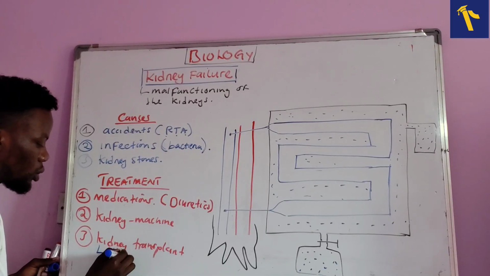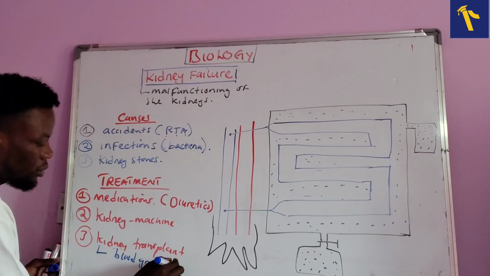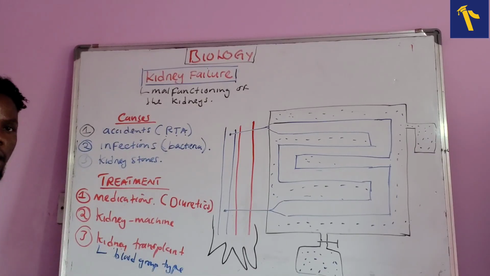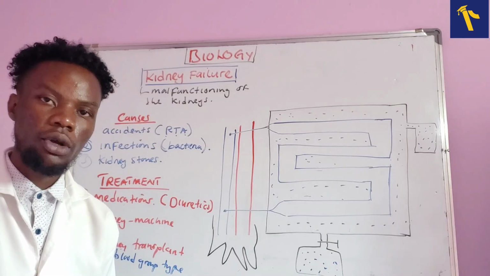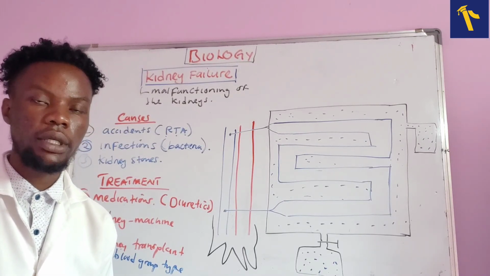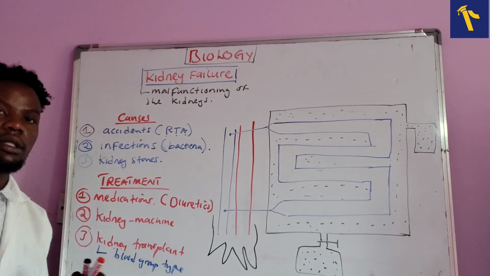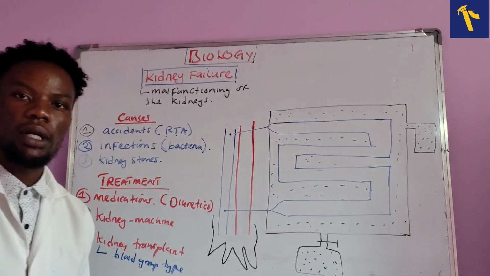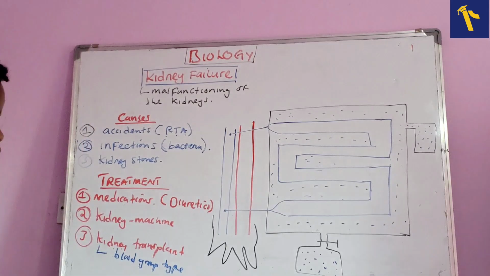So we need to look at the blood group type. Is it type A, type B, or maybe blood group O? That's the first thing that you need to do.